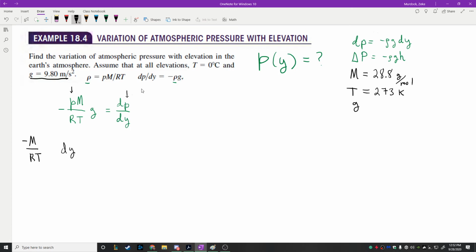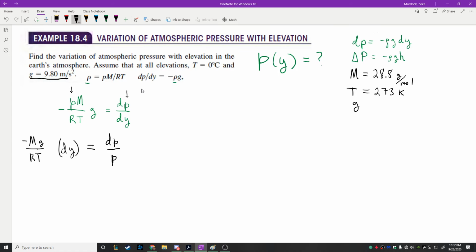I guess we'll leave the negative sign right here, is equal to, oh, there's a g too, right? mg, molar mass times g divided by RT. We're multiplying the dy to the left-hand side. On the right-hand side, we'll have dP, and then we just divide by P. And that's what we want to solve.